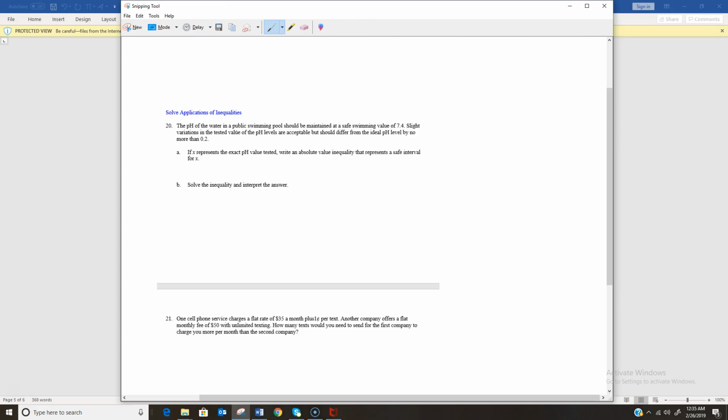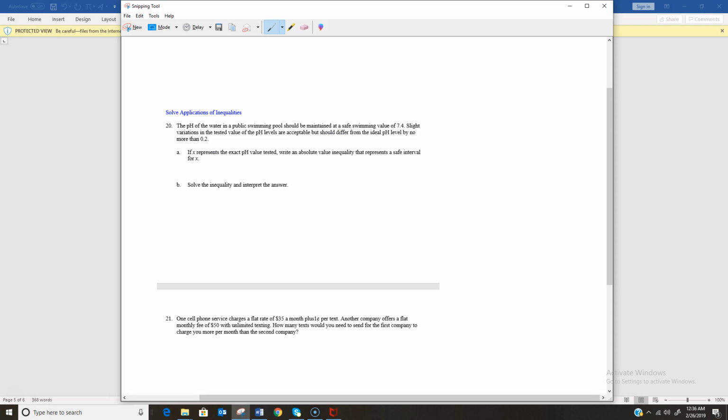So last in 1.7, and actually last in chapter 1, we have a couple problems where we're going to do applications of inequalities. This problem reads that the pH of the water in a public swimming pool should be maintained at a safe swimming value of 7.4. Slight variations in the tested value are acceptable, but should differ from the ideal by no more than 0.2.